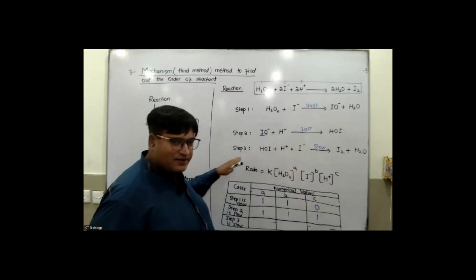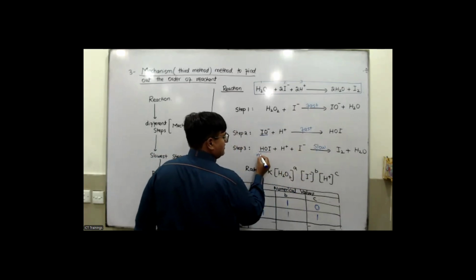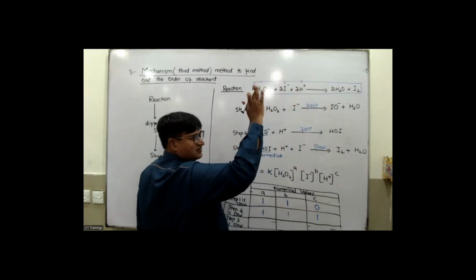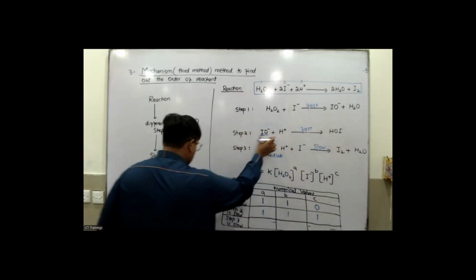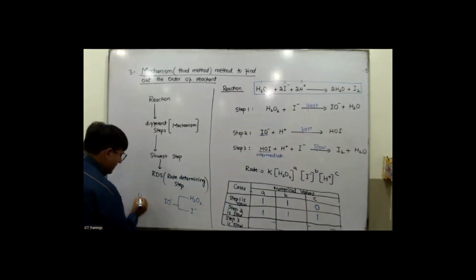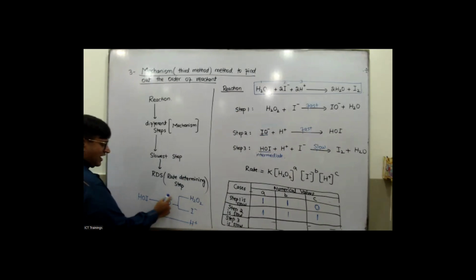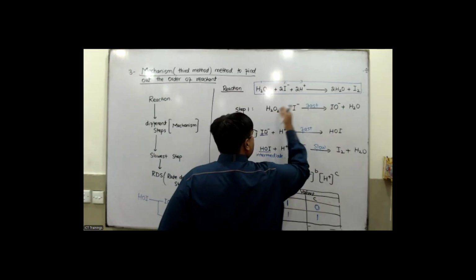Now consider HOI up here. HOI is not part of the reactants, so it means this is an intermediate. You have to take this intermediate from the previous steps. HOI was made from IO minus and H positive, and IO minus, which is also an intermediate, was made from these two reactants.